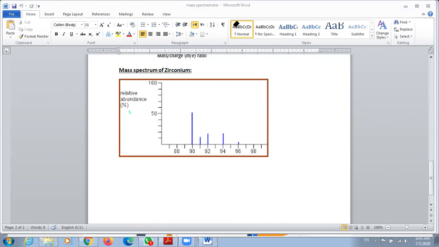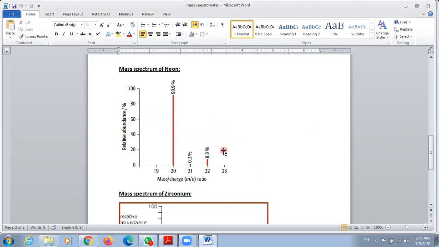Yes, we have 5, and this means that we have 5 different isotopes for zirconium: zirconium 90, zirconium 91, zirconium 92, zirconium 94, and zirconium 96. And from the relative percentage abundance, we can also calculate the relative atomic mass of zirconium, as we did for neon or any other element.